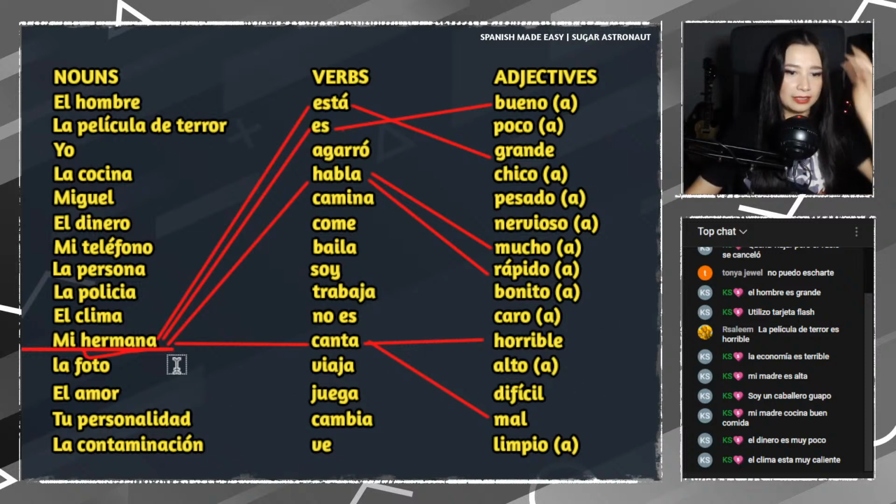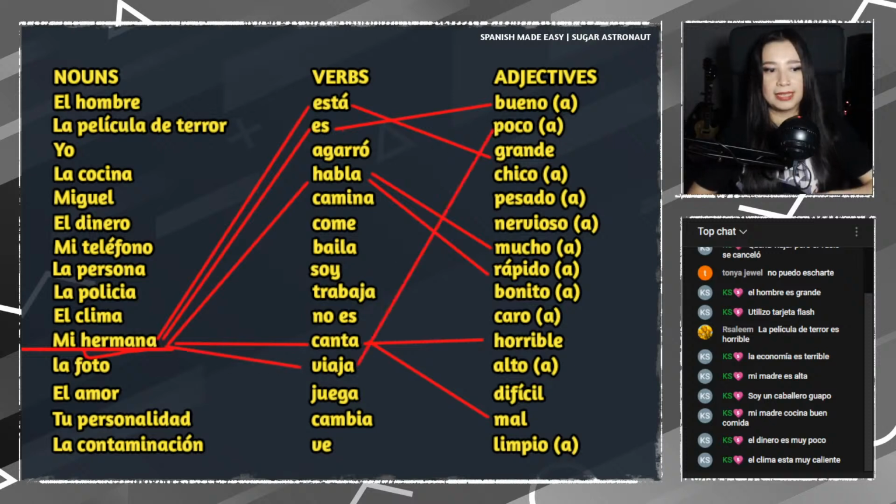Okay, what else? You can also say mi hermana viaja poco. So my sister doesn't travel too much, or travels a little. Okay?